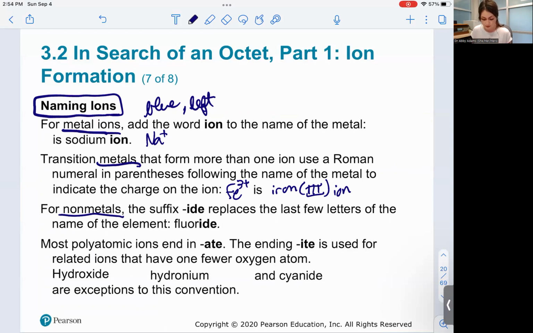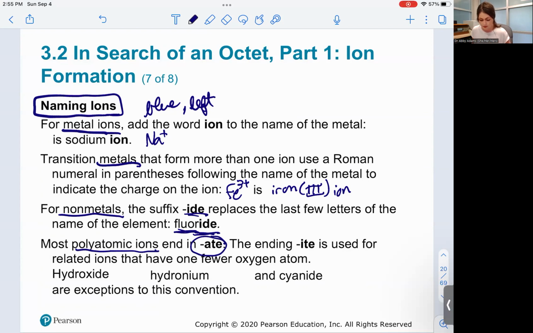And for the nonmetals, the suffix "ide," all right, IDE, is going to replace the last few letters in the name of the element, like fluoride. So we usually keep that first syllable, and then you add "ide" at the end. Chloride, fluoride, all right? Most polyatomic ions end in ATE, okay?